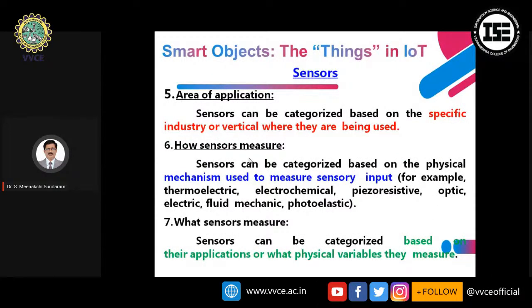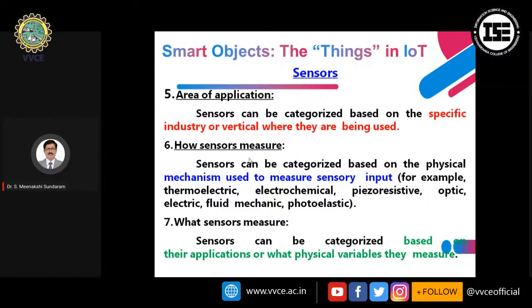Similarly, based on the area of application, sensors can be categorized based on the specific industry or vertical where they are actually used. It depends on the industry or the verticals where we are going to apply these sensors. Based on that, we can categorize the sensors, and also based on what they measure. For example, the inputs that sensors can measure may be thermoelectric, electromechanical, piezoresistive, optic, electric, fluid mechanic, or photoelastic.